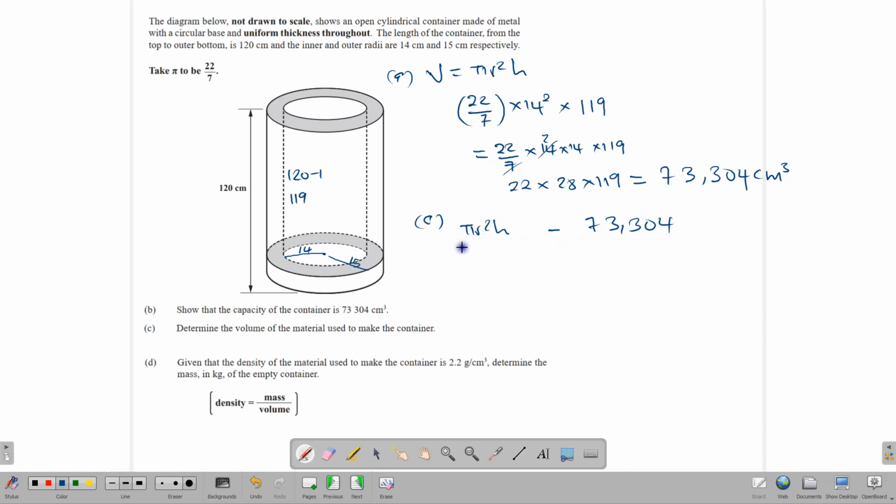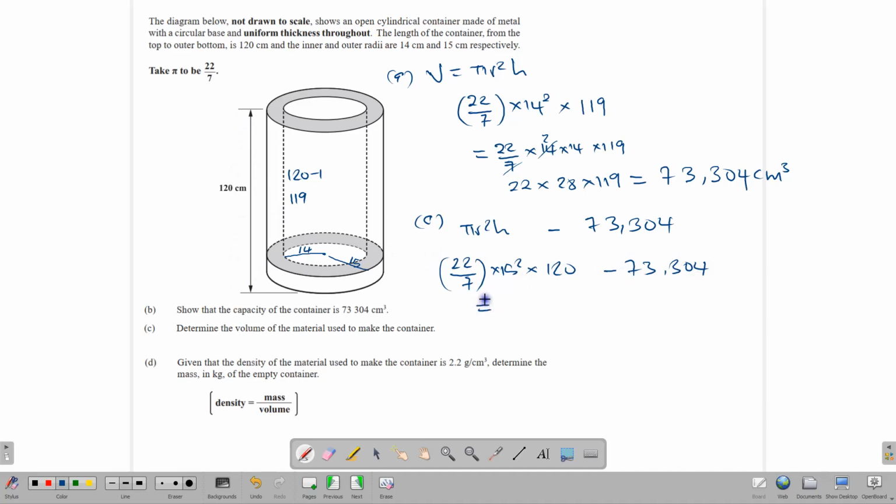So pi r square height, now using 22 over 7 times the radius square. Now we're using the entire container, so the radius is now 15, times the height, which is now 120, and minus 73,304. So I'll give your calculator some work.